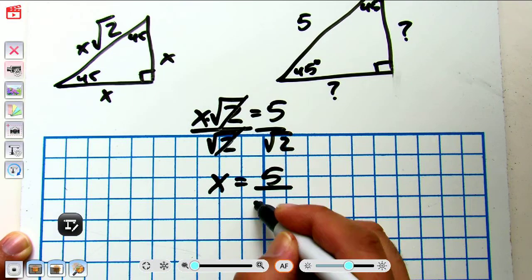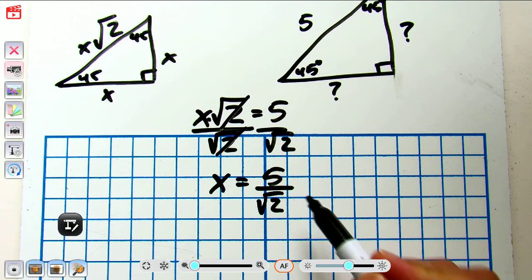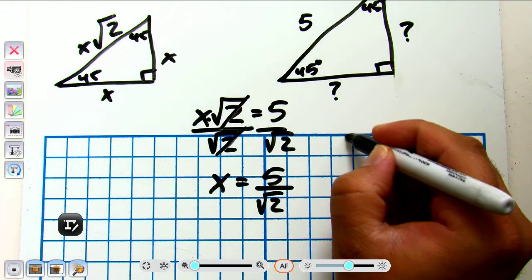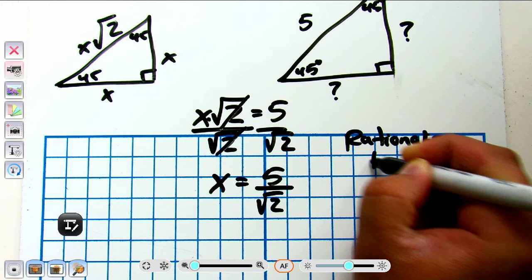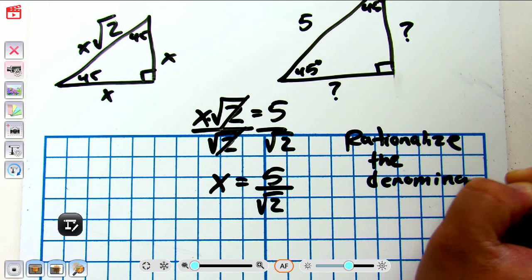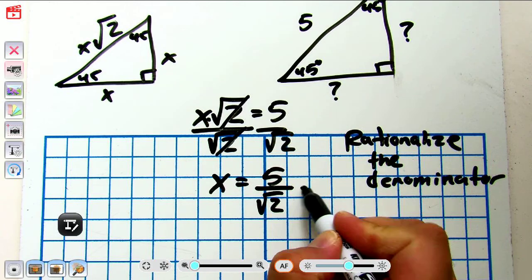Now in math, we don't want to have a square root in the denominator. So what we do is something called rationalize the denominator. And all that means is that we multiply the denominator by itself. So if the denominator is square root 2, I'm going to multiply by square root 2.